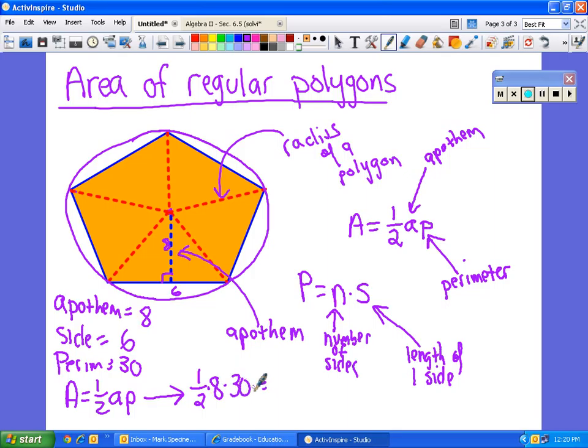So I get 1/2 times 240, which is 120. And it's going to be, again, whatever units. So if we're using inches, my answer is going to be 120 square inches.